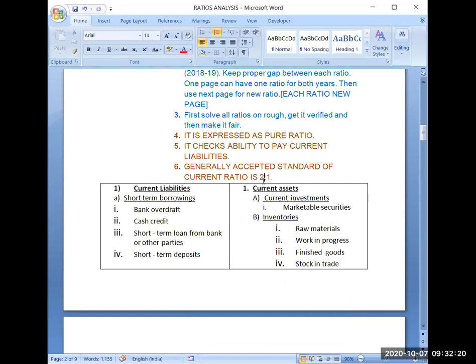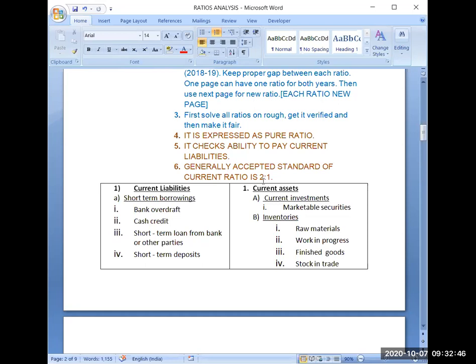The reason behind that is that even if, due to circumstances, I am not able to realize my current assets at full value, it is still quite possible that I will be able to pay my current liabilities, even if I realize only 50% of the value of my current assets.